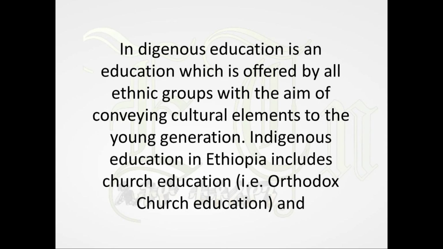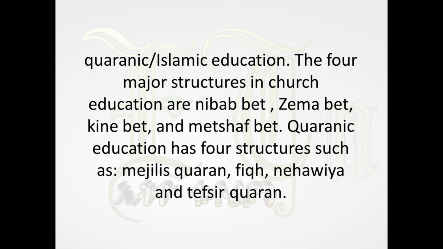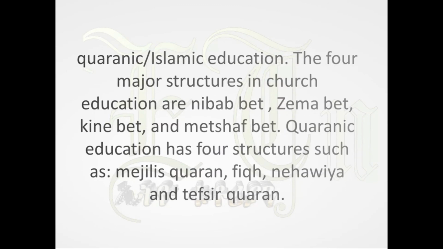Indigenous education in Ethiopia includes church education, that is Orthodox church education, and Quranic Islamic education. The four major structures in church education are Nabab Bet, Zima Bet, Kain Bet, and Matshaf Bet. Quranic education has four structures: Majlis Quran, Fiqh, Nahawiyah and Tafsir Quran.